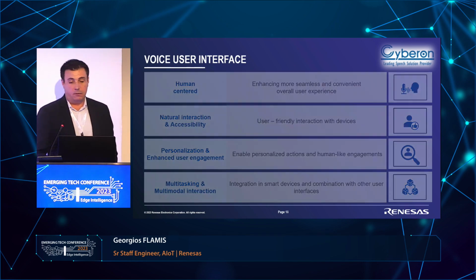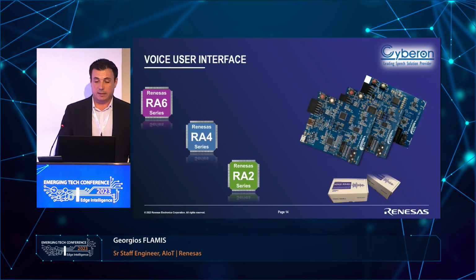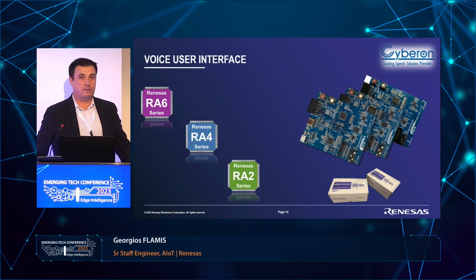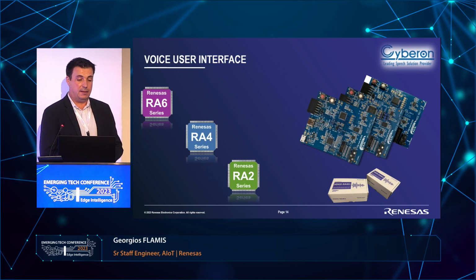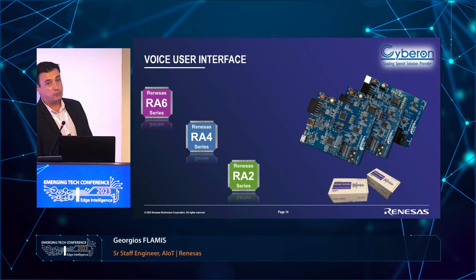For that, we have developed a number of applications and development kits that are palm-size devices, which support the lineup of devices starting from the Array 2 up to the Array 6.